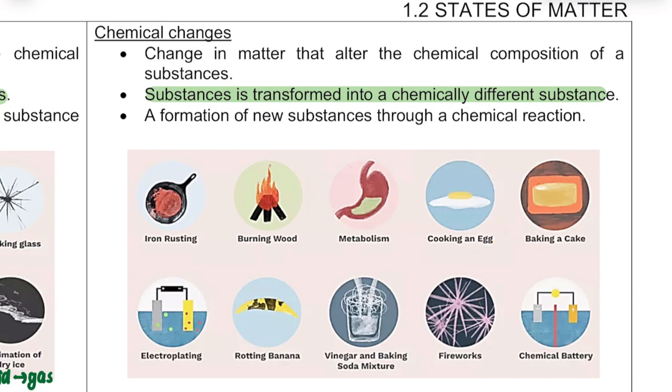Previously we have our liquid, the albumin itself, then it will change into the white part of the egg. Next is baking or even cooking, electroplating, roasting banana, vinegar and baking soda mixture, firework, and chemical battery. So that is for chemical changes.